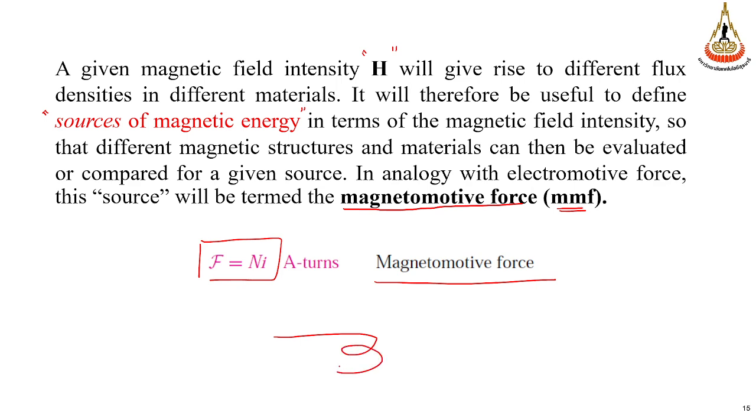If you have current I flowing in N turns, the force to drive the magnetic field is F equal to N times I. The unit is therefore ampere-turn.